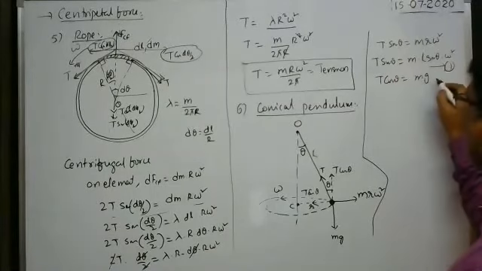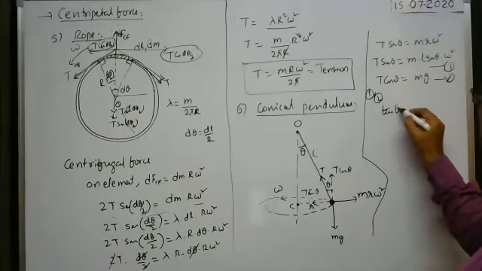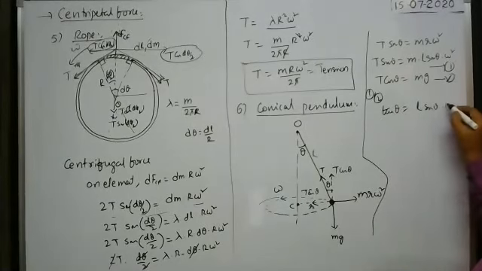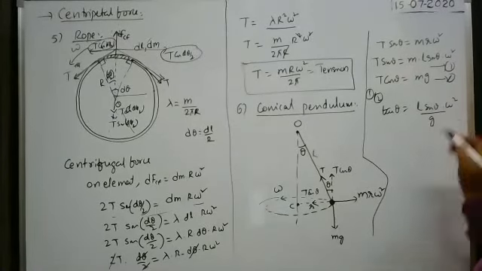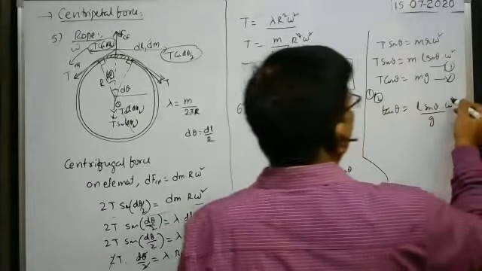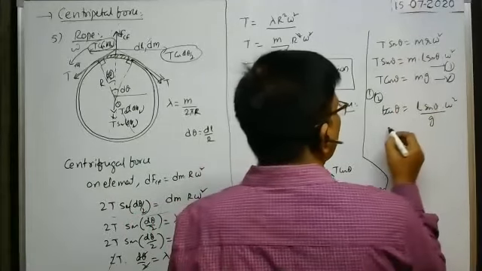Therefore, you divide these two, 1 by 2. 1 by 2 gives tan theta is equal to, m cancels, then L sin theta into omega square by g.